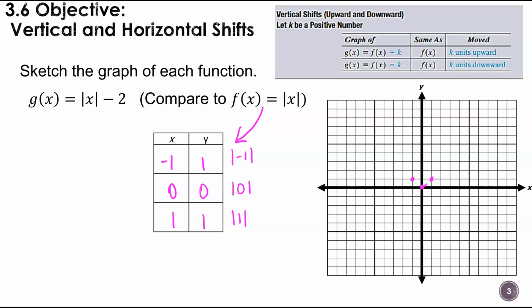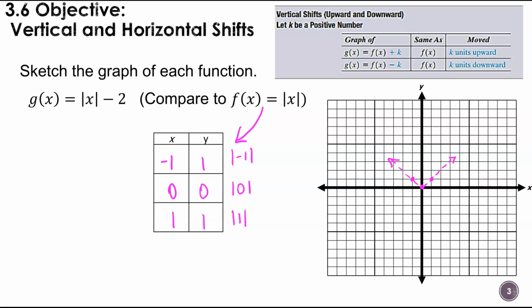And then we just are going to dash our two sides of our V. I'll try to hit this decently. And then of course arrows. Sometimes students don't put arrows because when they're graphing on MyLab, it doesn't put the arrows.